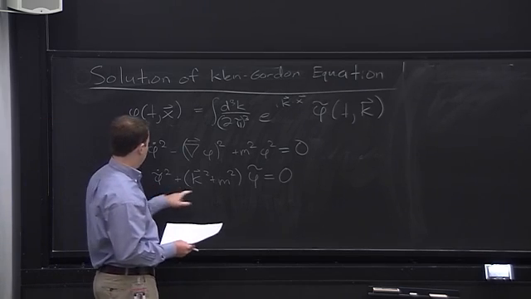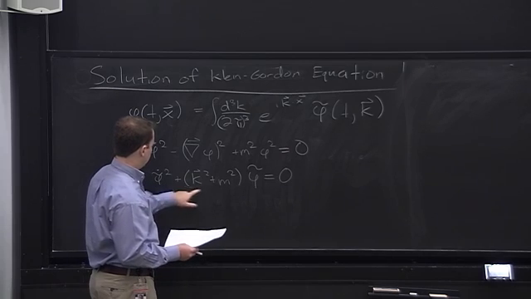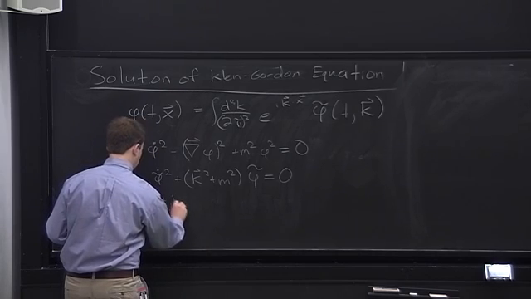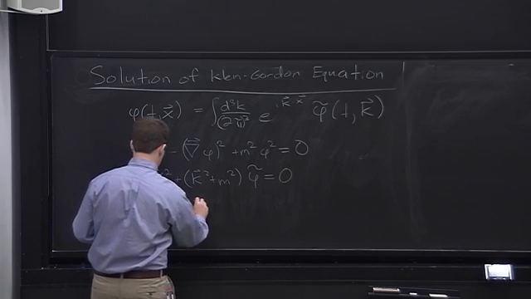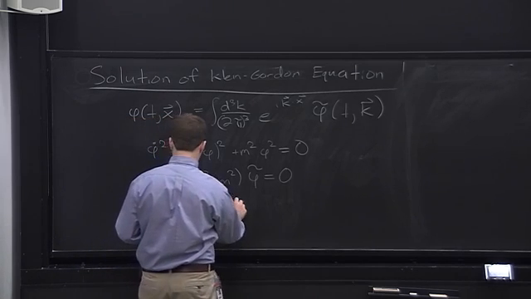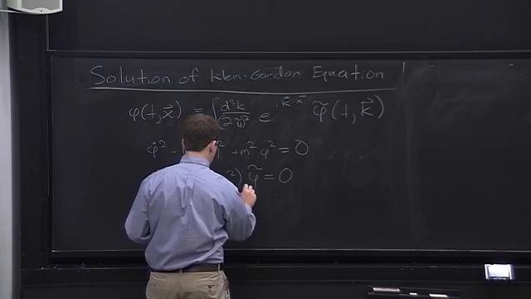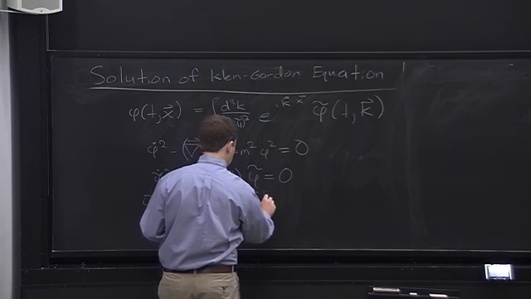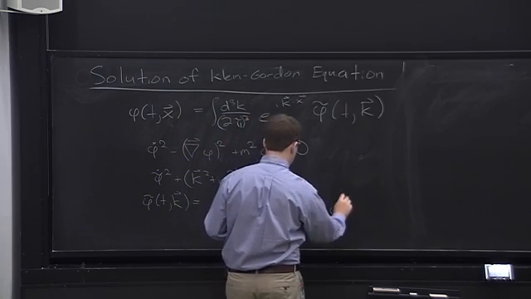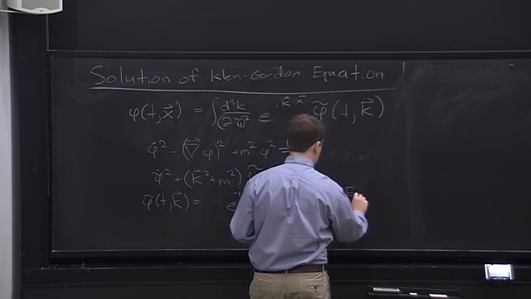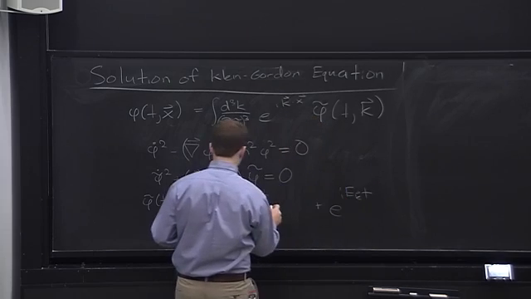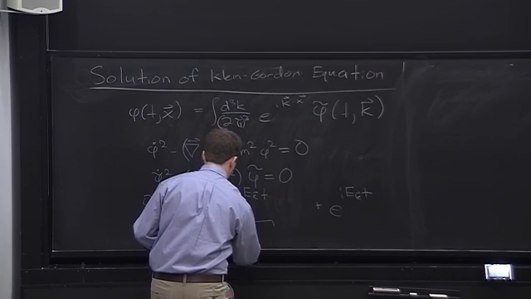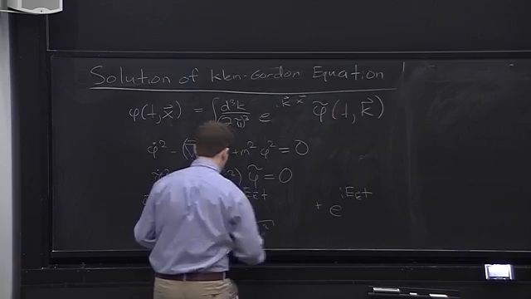Basically, the solution should be exponentials. So we can have an exponential e to the minus i omega_k t, or an exponential e to the i omega_k t, where omega_k is the square root of k squared plus m squared.